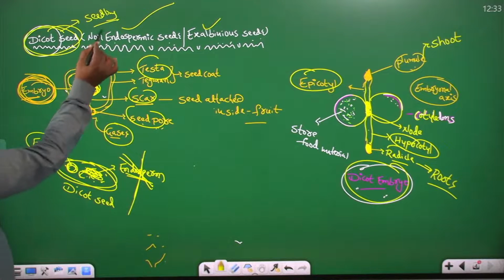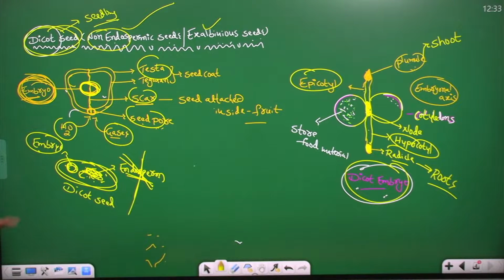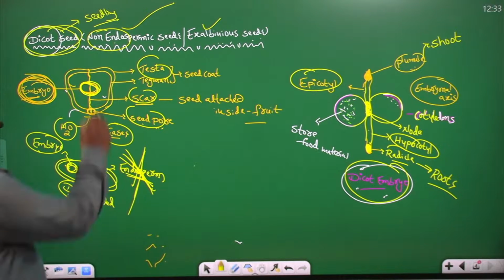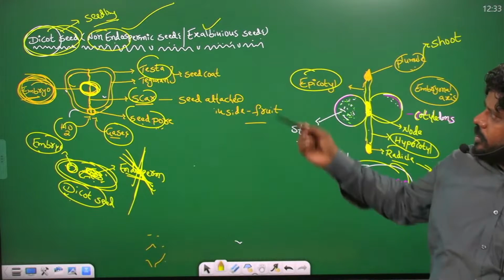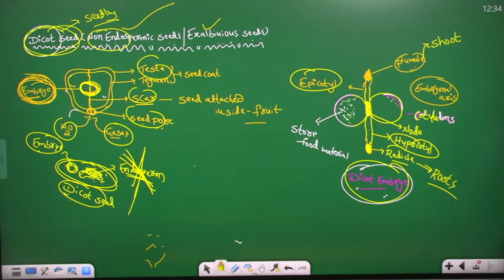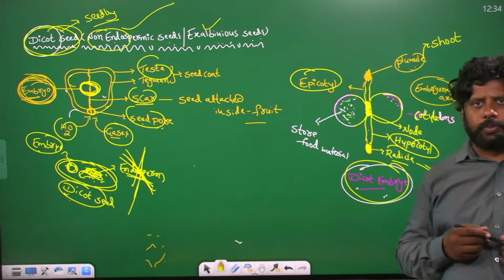It is initially present, but at maturity it is not. That's why at maturity in dicot seed, endosperm is absent, and that's why dicot seeds are called non-endospermic or exalbuminous.